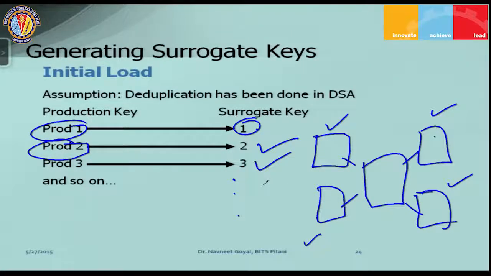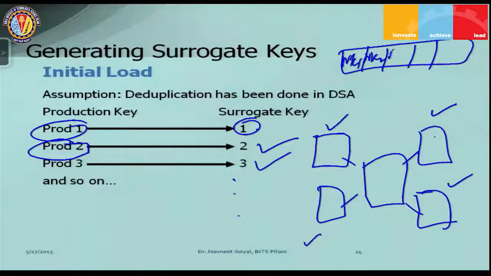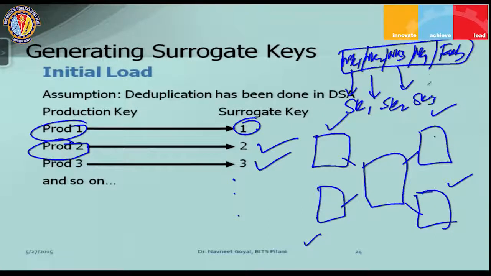Suppose I get a fact record like this: natural key 1, natural key 2, natural key 3, natural key 4, and some facts. What I'll do is replace them by the corresponding surrogate keys: surrogate key 1, surrogate key 2, surrogate key 3, and surrogate key 4, and so on.